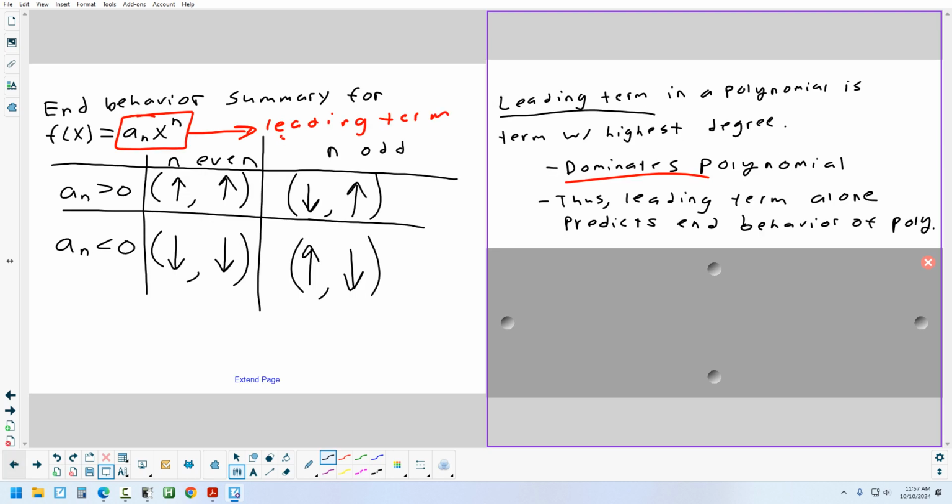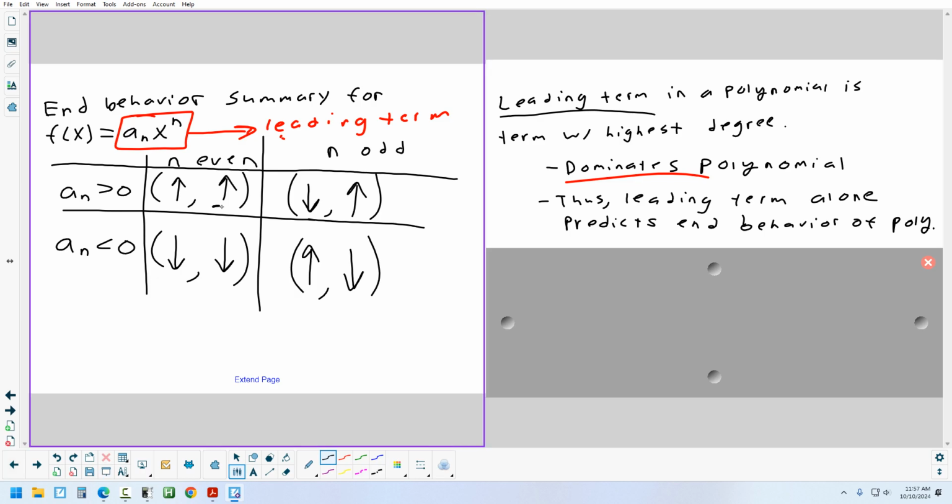If the exponent is even and the number in front is bigger than 0, you're going to have up, up. So that would be something like 3x squared. If the exponent is even and the number in front is a negative, that would be like a down, down.